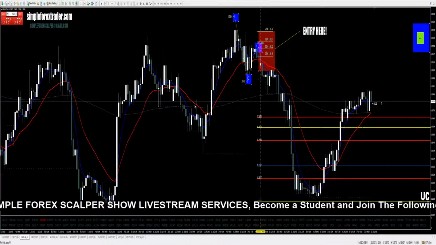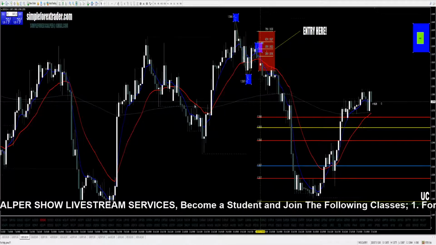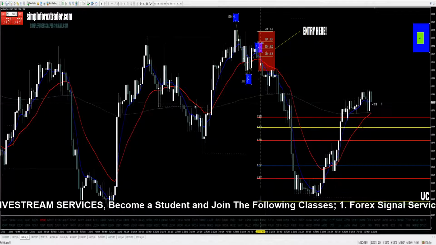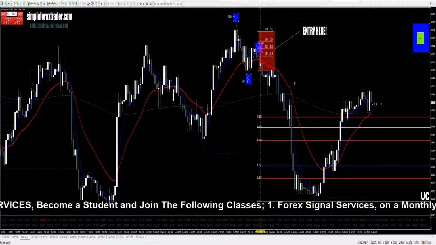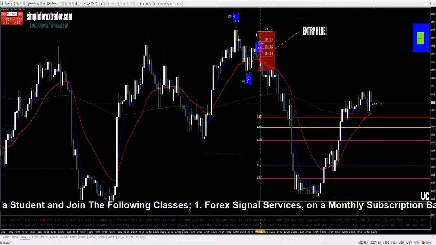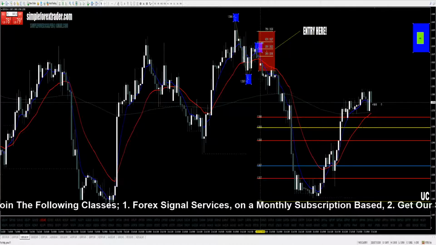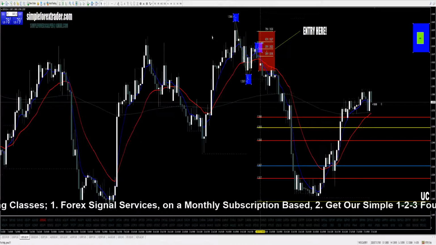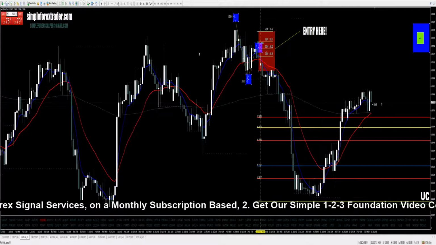Anywhere in the red box is where you enter the trade. You can wait for a retracement, or you can wait for it to cross the 2 moving average, and then enter your sell.